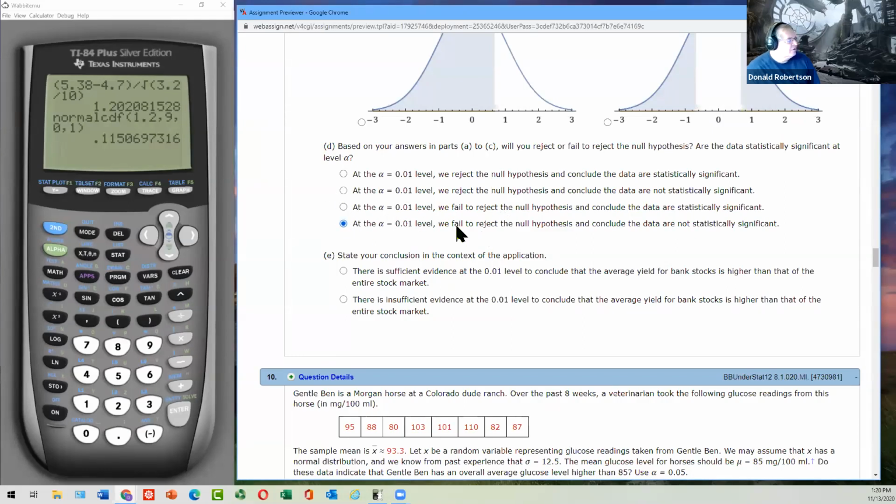That one. You fail to reject it, and it's not statistically significant. Now, if this guy here had been tiny, then we would have rejected it, and it would have been statistically significant, and we would have picked that one. And there's no situation in the world where I would pick the middle two, because they don't make sense.